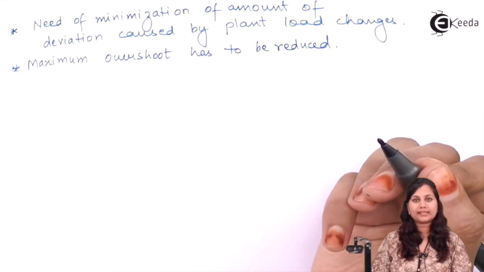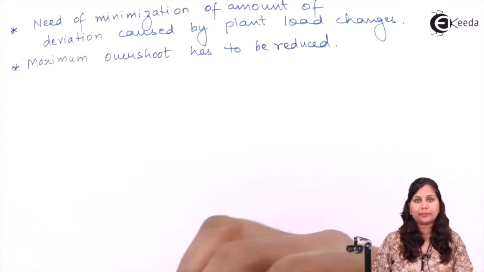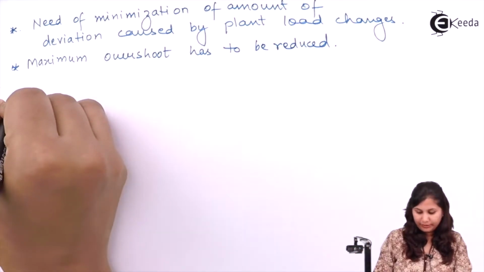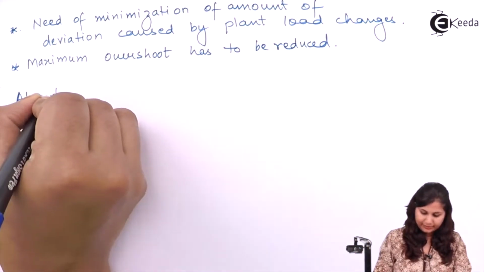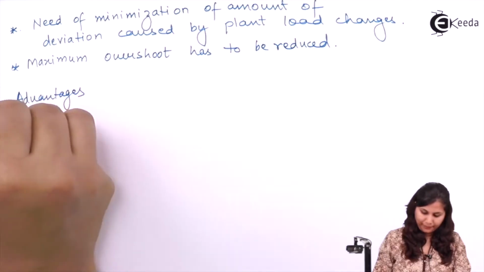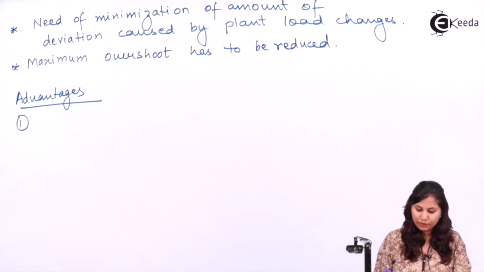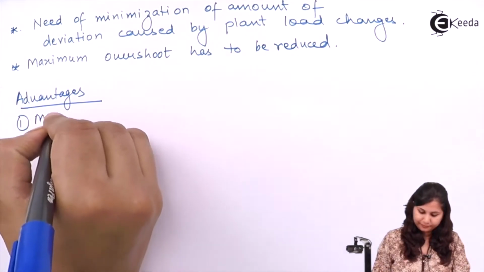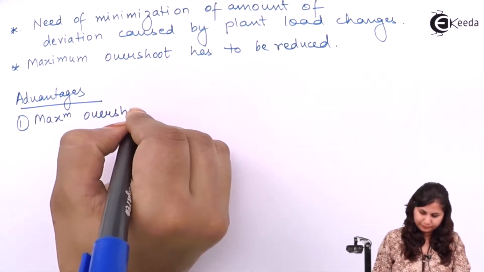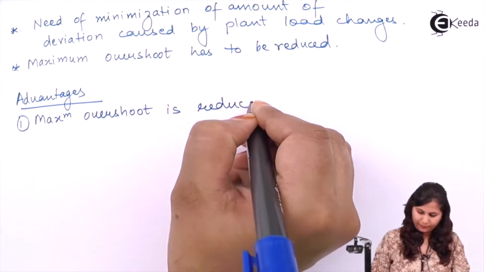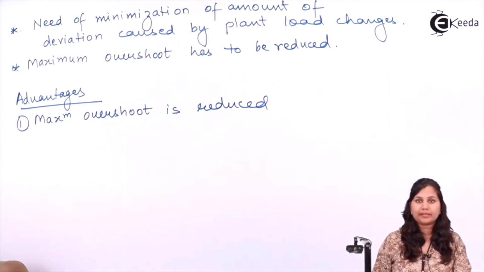Now, the advantages and disadvantages of this proportional and derivative controller. Advantages are that maximum overshoot is reduced, and also the rise time is decreased.